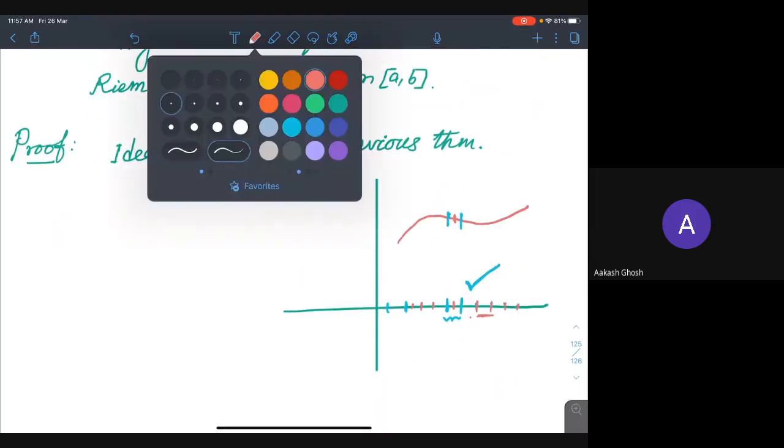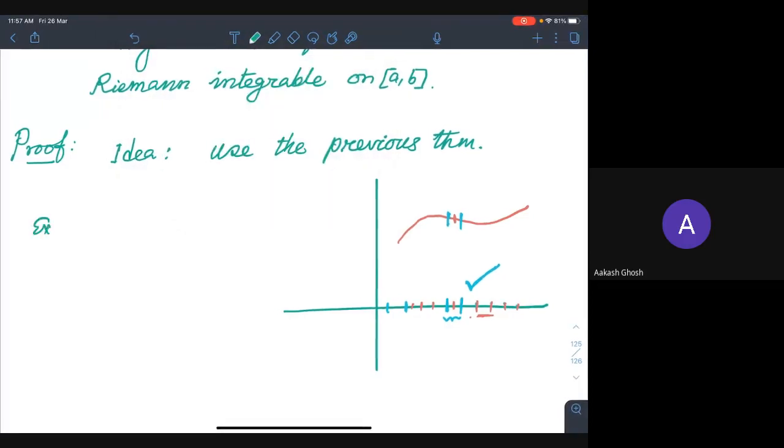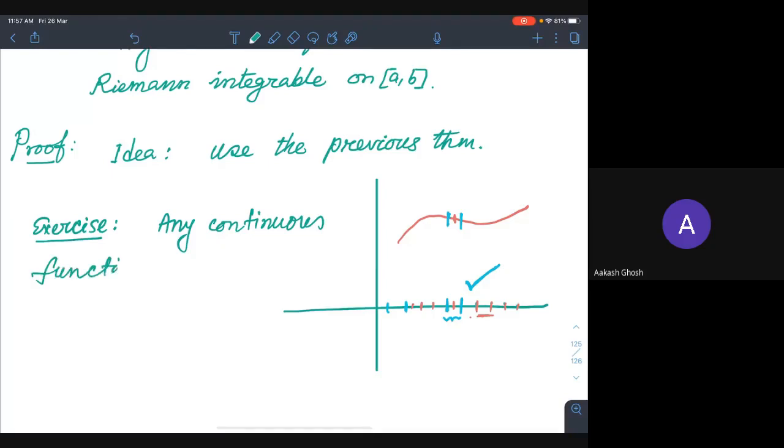So this is an exercise which you have actually done last semester. Any continuous function on a closed interval is uniformly continuous.